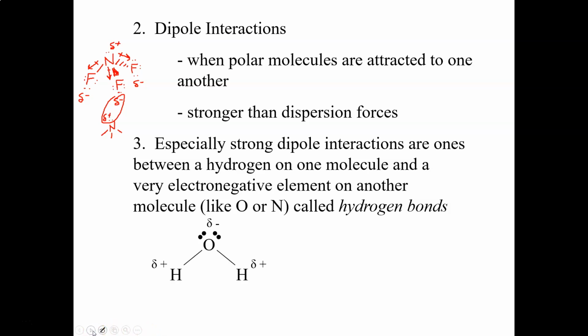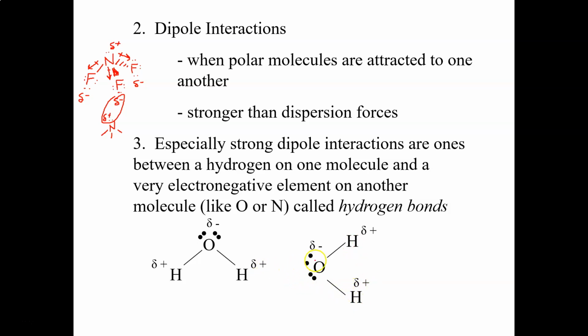Well, water is a great example of this. So we know that water is a polar molecule. The oxygen here likes to pull on these electrons and become partially negative, and that leaves the hydrogens partially positive. What if there were another water molecule nearby? Same deal. This water molecule also has a partially negative oxygen end and a partially positive hydrogen end.